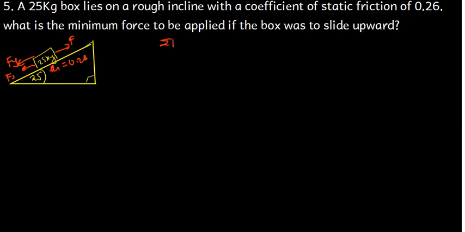So we're going to say the net force in the x direction is given by, we want it to go forward, so this will be the positive one, applied force, and then minus those which are reducing motion. We've got Fg and also Fs. Because we want the minimum force to be applied if the box was to slide upwards, minimum means it just needs to start moving.